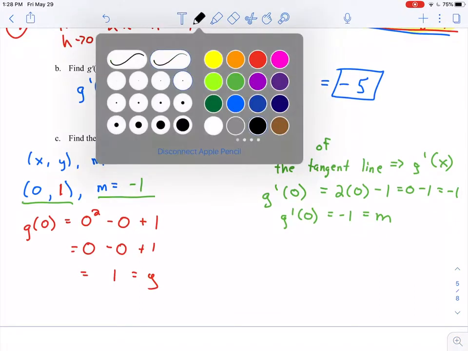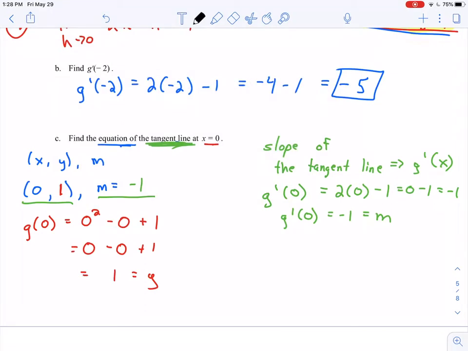I prefer to use point slope form, y minus y1 equals m times the quantity x minus x1, where m is the slope, that part doesn't change, and x1, y1 are just the coordinates of a point on my graph.